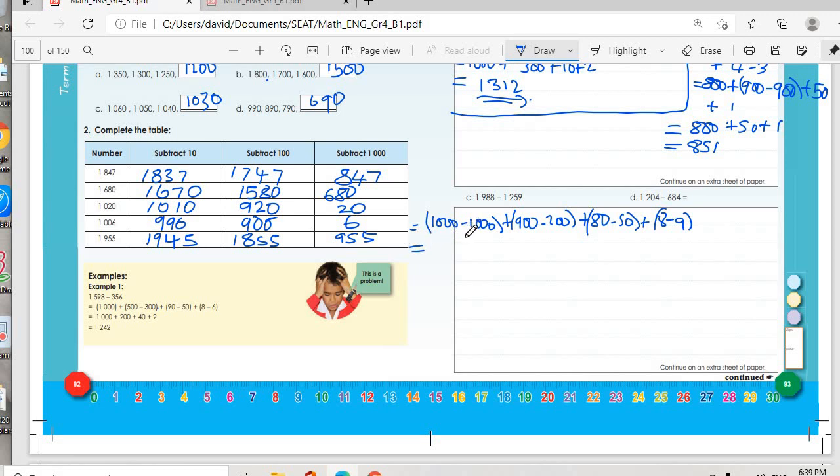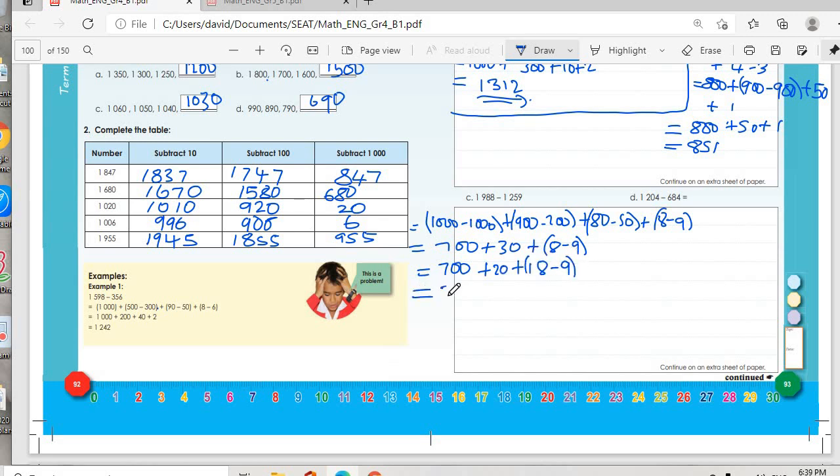So 1000 minus 1000 is 0. Then 900 minus 200, 700. Plus 30 plus 8 minus 9. So we will borrow 10 from 30. So it will be 700 plus 20 plus 18 minus 9.